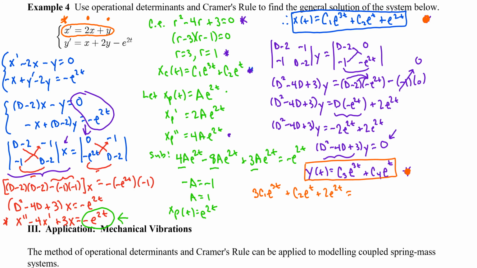So we're going to do 2 times x. I'm thinking multiply this one by 2 and add it to this one right here. And we'll combine like terms as we go. So 2c1 e to the 3t plus c3 e to the 3t, we end up with 2c1 plus c3 e to the 3t. Okay, moving on to our second term, 2c2 plus c4 e to the t.